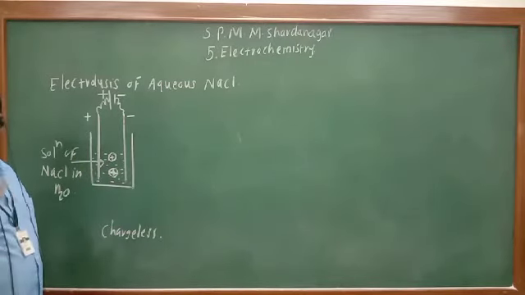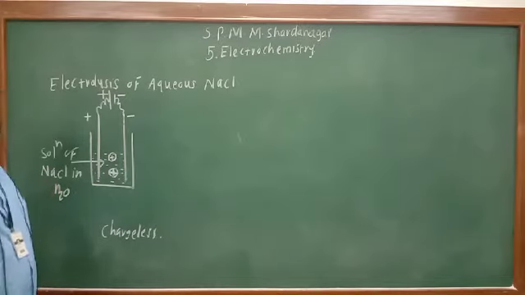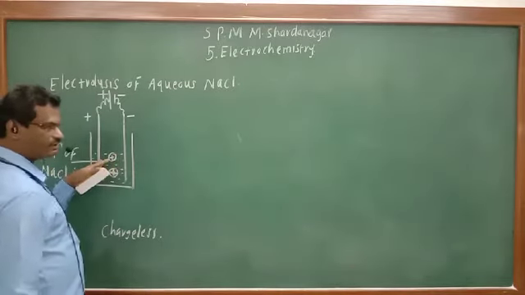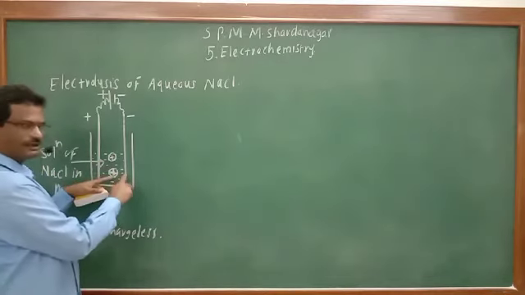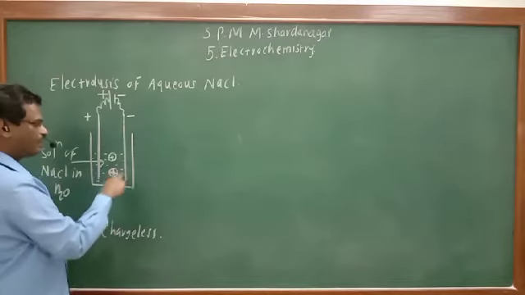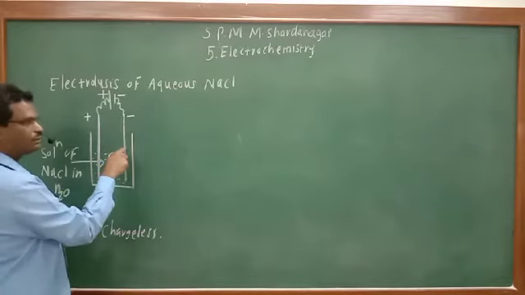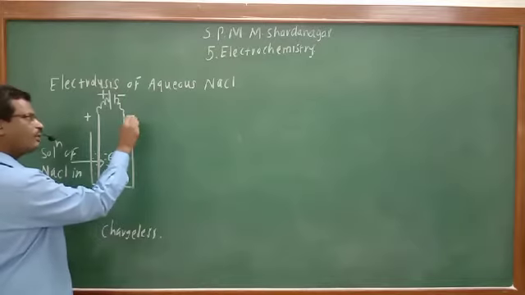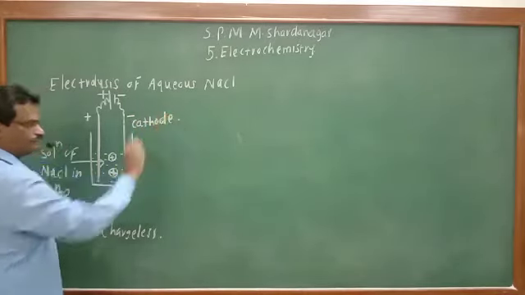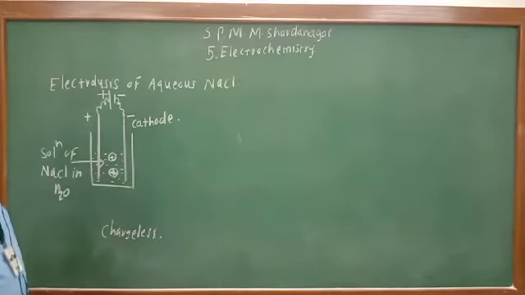And now there is competition to undergo reduction. Na+ ions may undergo reduction, or H+ ions from water, that is water, may undergo reduction. The reduction reaction takes place at this electrode. Therefore, this negatively charged electrode is known as the cathode, since reduction takes place there.